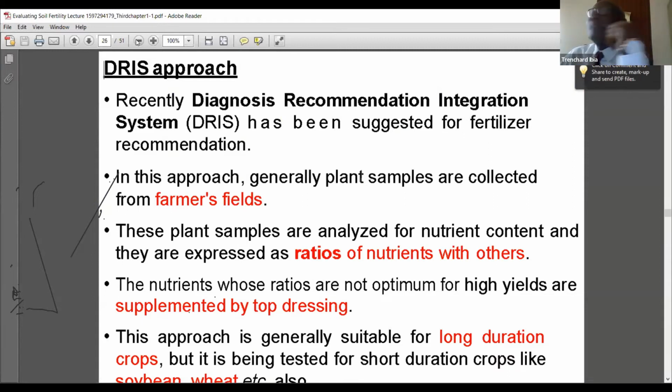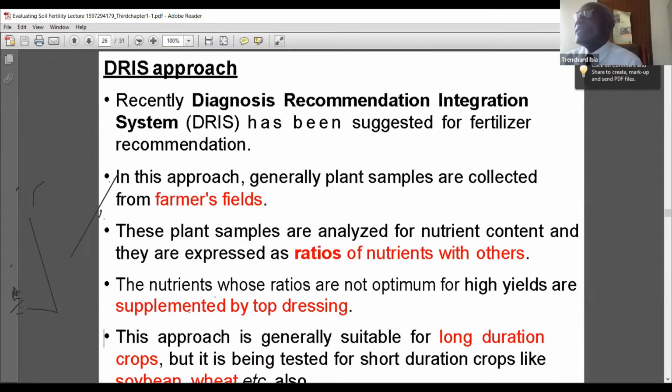Next slide. There is a not too popular biological approach called DRIS, Diagnostic Recommendation Integrated System. It's not very popular in Nigeria yet. In this approach, generally plant samples are collected from farmers' fields. These plant samples are analyzed for nutrient content and they are expressed as ratios of nutrients with others.